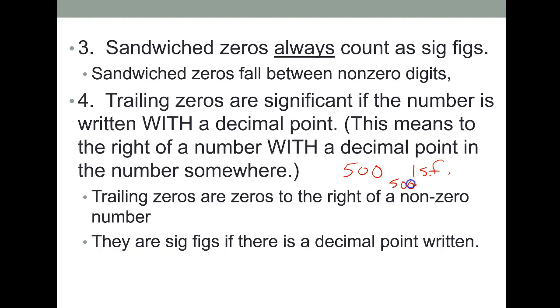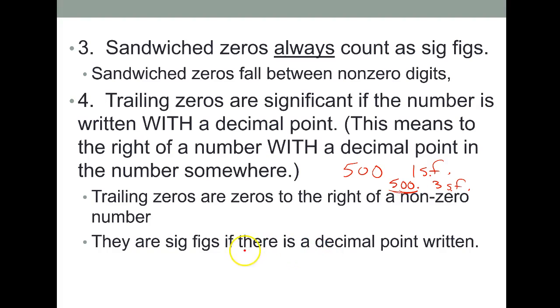If it's there, all of a sudden it has 3 sig figs, because it tells you that somebody sat down and went out and measured something and said, oh my gosh, look at that. It is exactly 500 feet, or whatever it is. Not 501, not 499, 500. It's telling you by putting that decimal there that those numbers count. So trailing zeros are to the right of a non-zero number. That's these guys.